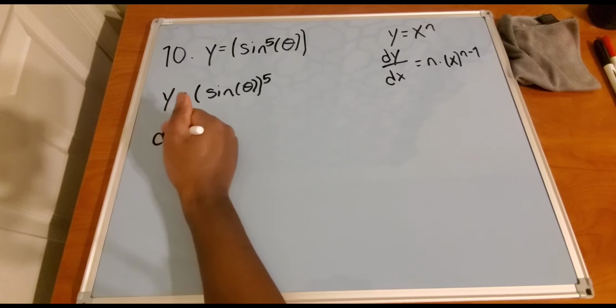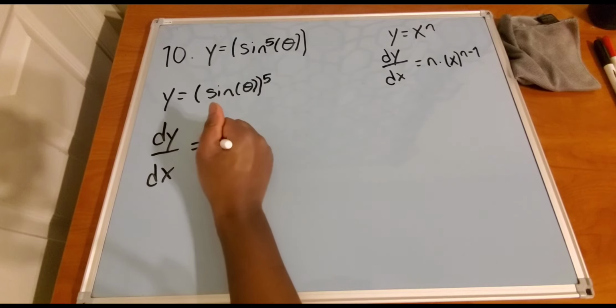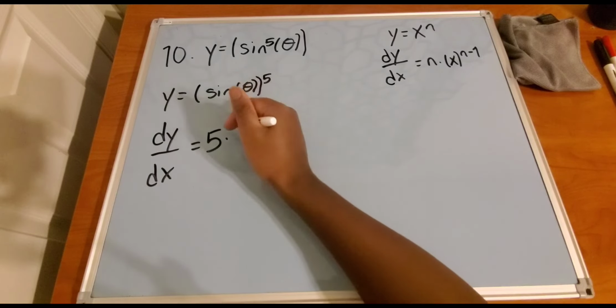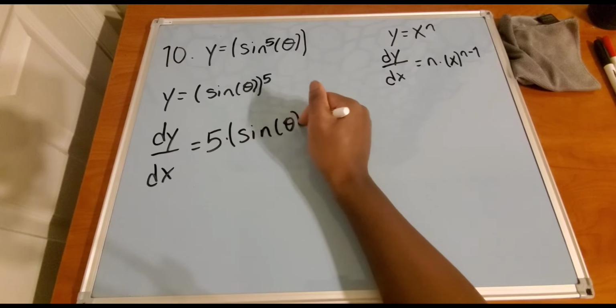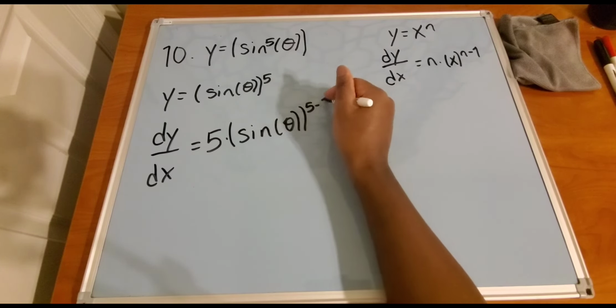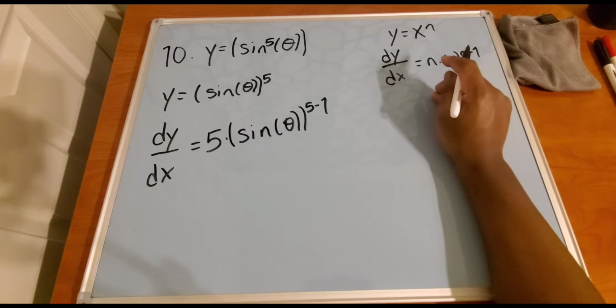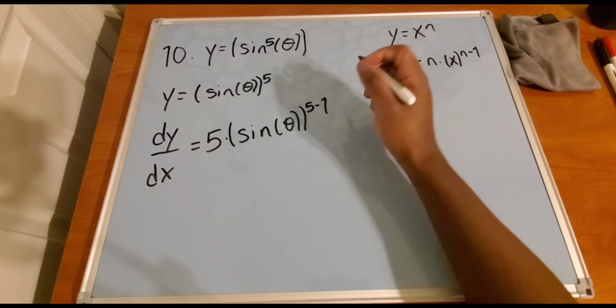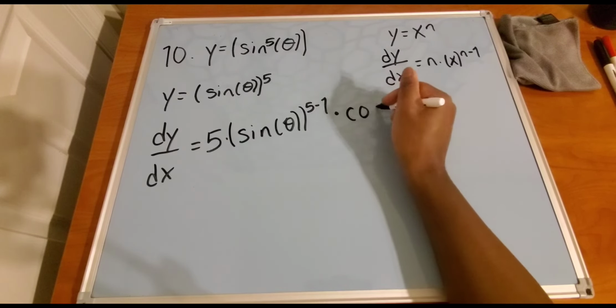So we can say the first derivative of y with respect to x is equal to 5 times sine of theta raised to the 5 minus 1 power. Again, almost identically modeling and mirroring that power rule, times the derivative of sine theta, which we know is cosine theta.